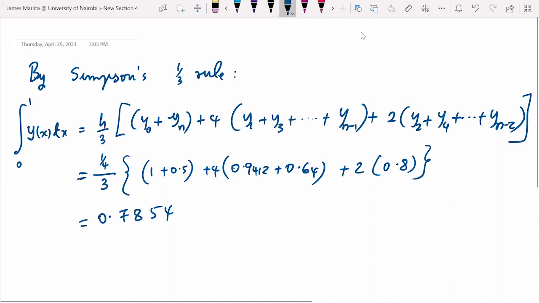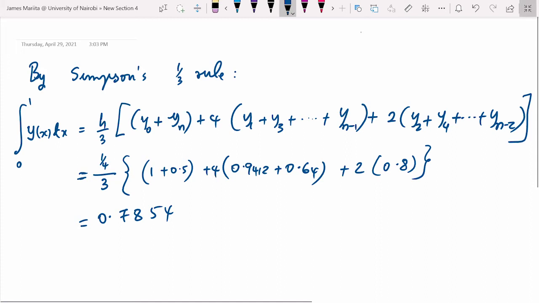Any questions on that before we apply the 3/8 rule? Please go back to the start of the question.